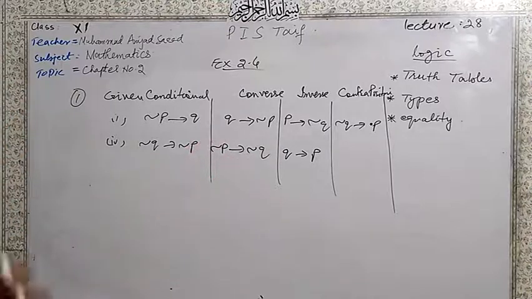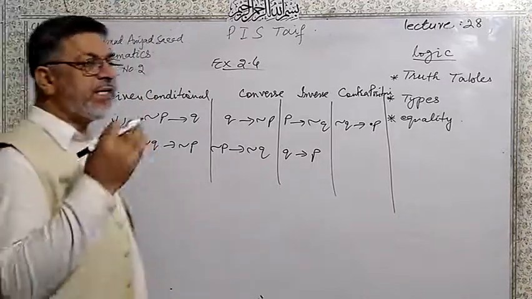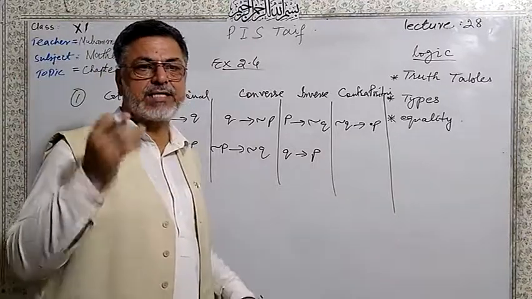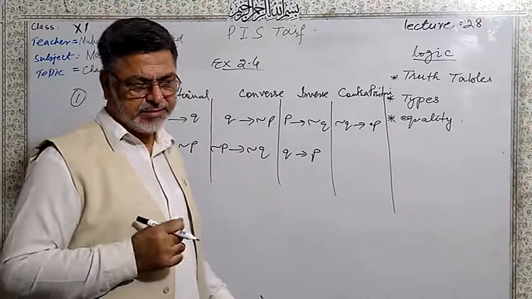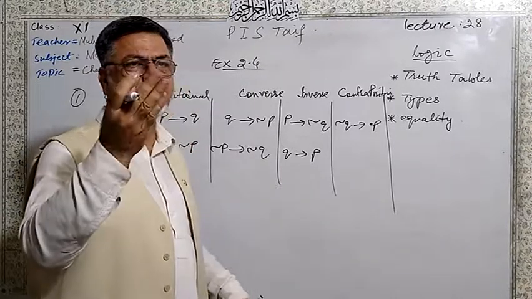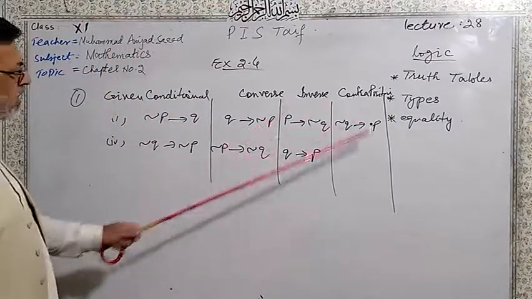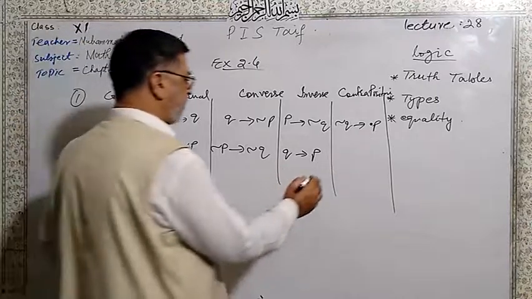Not is just like a negative sign, just like complement. Complement is the alternate second possibility, which means plus to minus and minus to plus. Here the contrapositive is the opposite of that. This is P to Q.